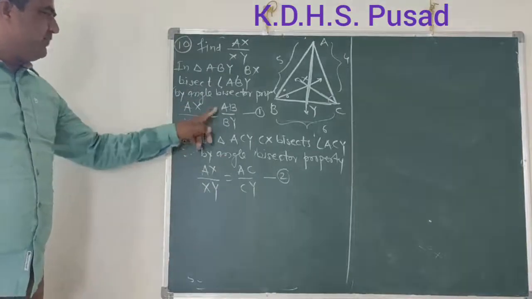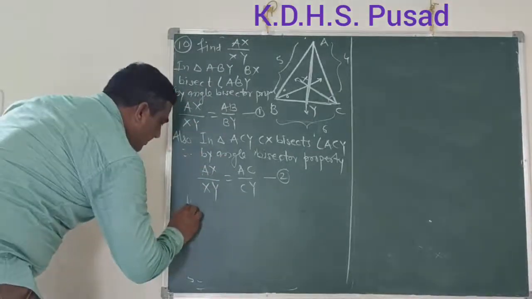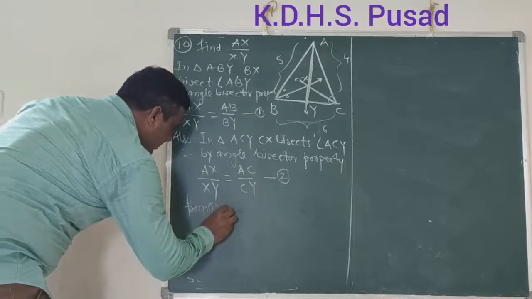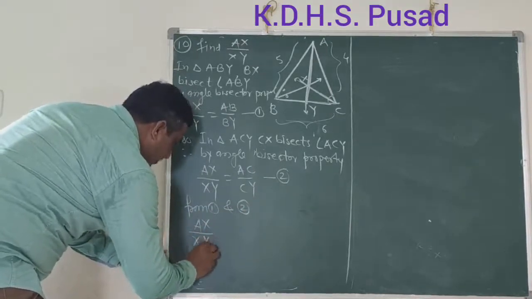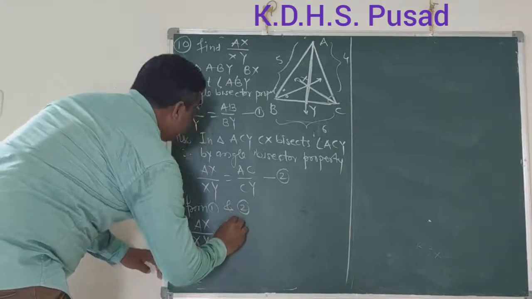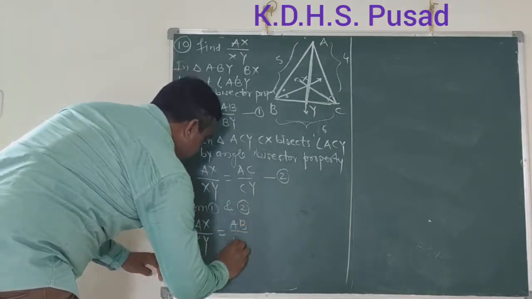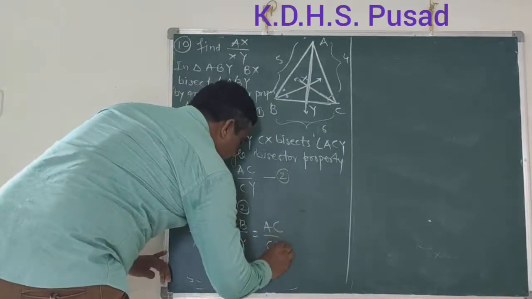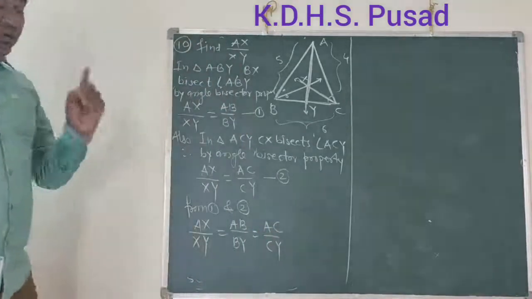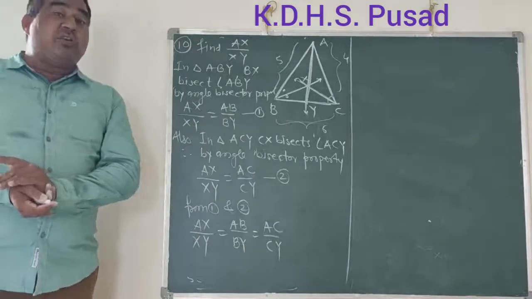Now, check equation 1 and 2. Left hand side is equal. So, obviously, from 1 and 2, AX by XY is equal to AB by BY is equal to AC by CY. Okay. Now in standard 9, you have to do one more theorem.